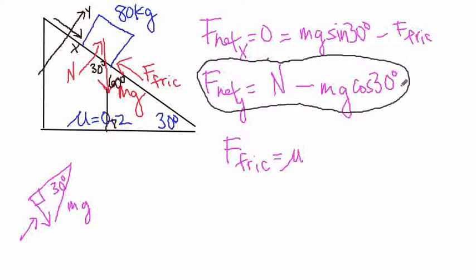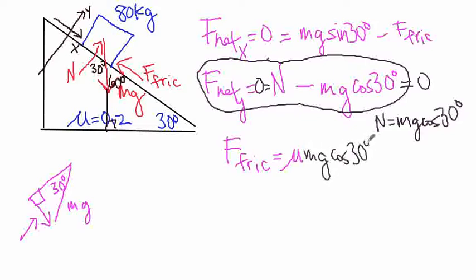This is equal to 0. Looks like I didn't put that in before. So that means that the normal is equal to mg cosine 30. So the friction is mu times mg cosine of 30, because that's the force pressing into the surface.